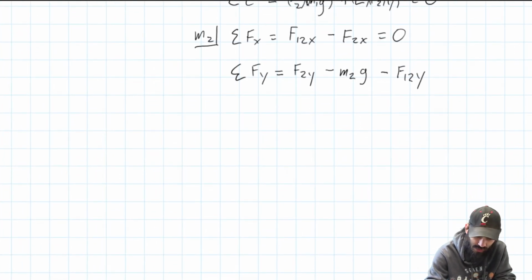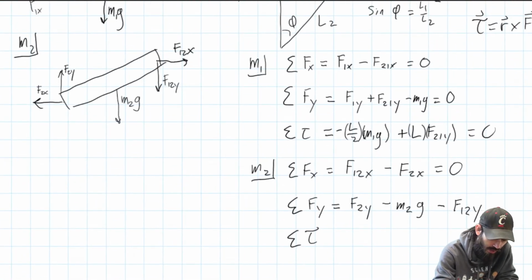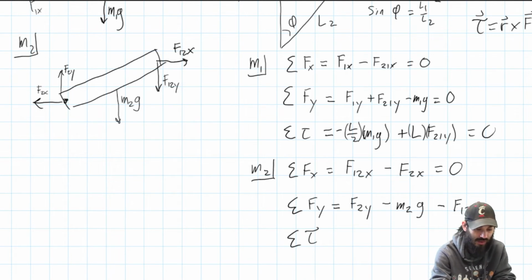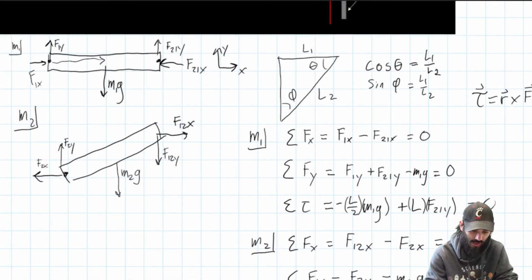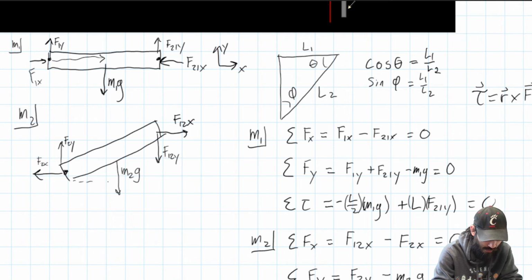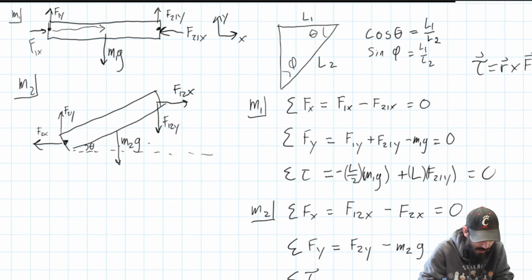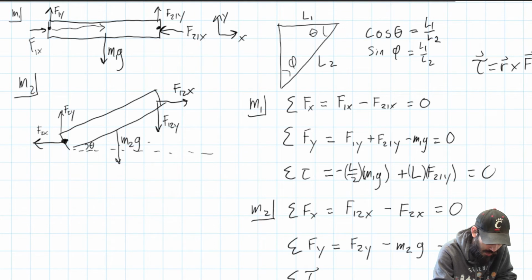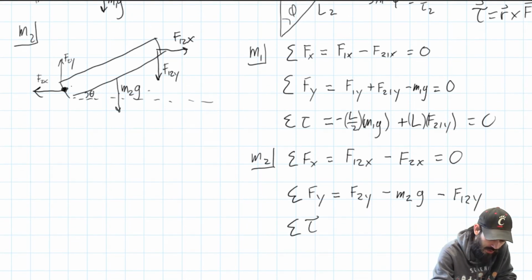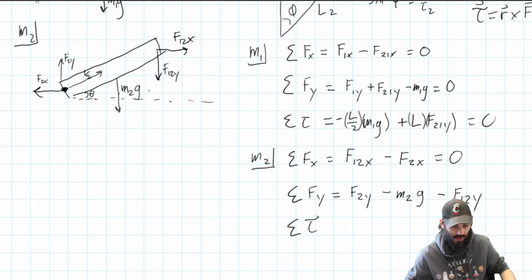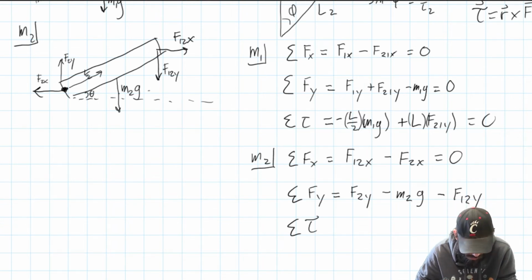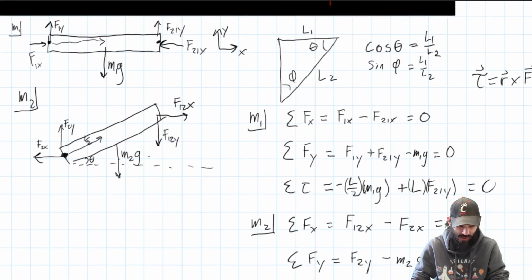Now, next thing we're going to do, sum our torques. I'm going to do this about this point. And this is where we're getting a little bit more complicated because now this one's at some angle, right? So remember, I defined this angle right here to be theta, okay? So what we can do is sum our torques about this point. This is some distance L divided by 2. And again, let's do this in terms of the way that I did this here, right?